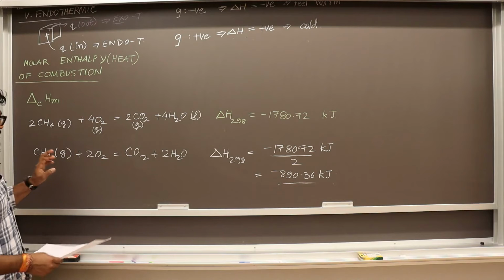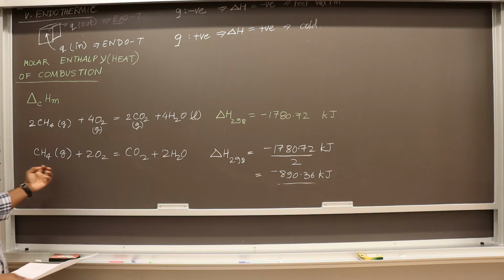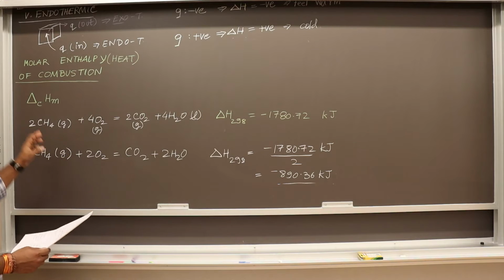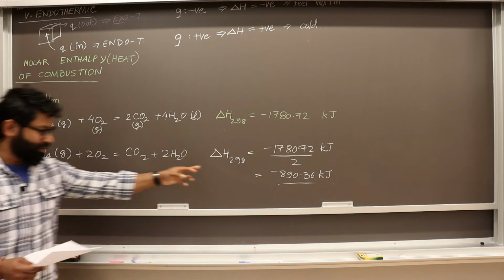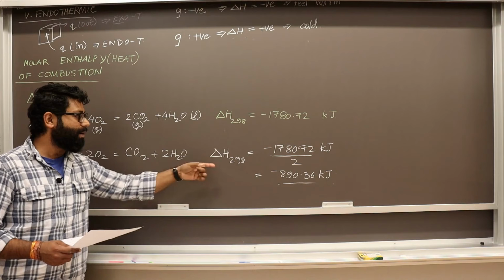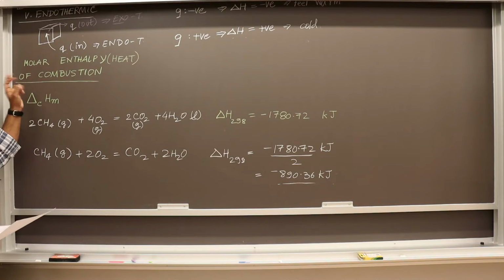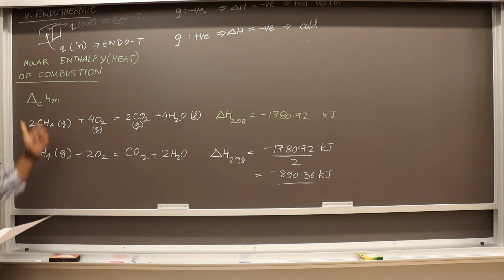Now, this was done for just 1 mole of methane, right? So it was per mole. So if you burn just 1 mole of methane, you're getting that. So that delta H that we get by burning 1 mole of any particular compound is the molar enthalpy of combustion of that compound.